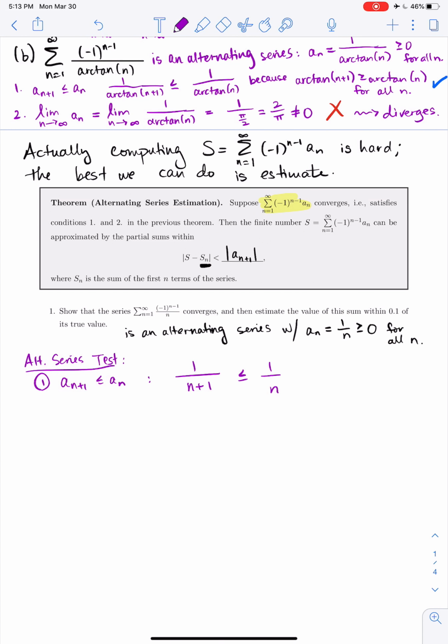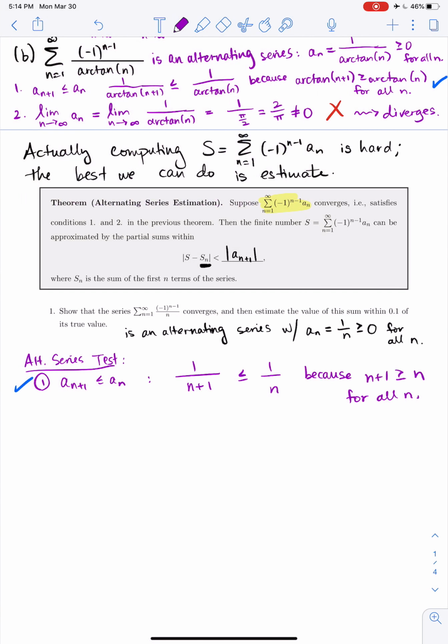And as a matter of fact, 1 over n plus 1 is less than or equal to 1 over n because n plus 1, the denominator, is greater than or equal to the other denominator. There's that denominator reciprocal trick. Okay, so that is verified.